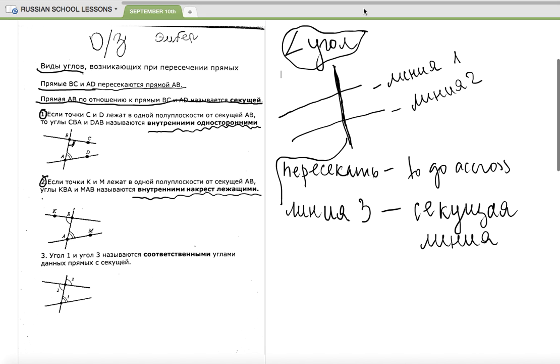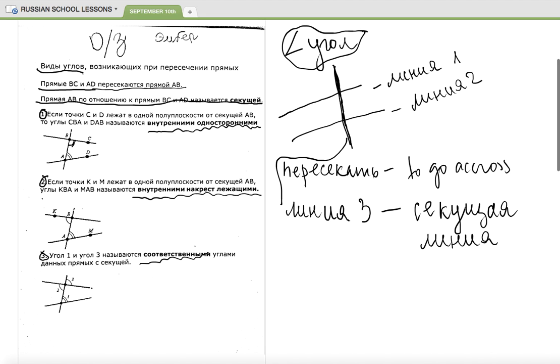It's just definitions right here. You don't need to remember, just how you can read. Внутренние односторонние, внутренние накрест лежащие. Right here. The two. And number 3, let's see number 3. Угол 1, right here. And угол 3, угол 1 и угол 3 называются соответственными углами данных прямых секущей. Соответственные.